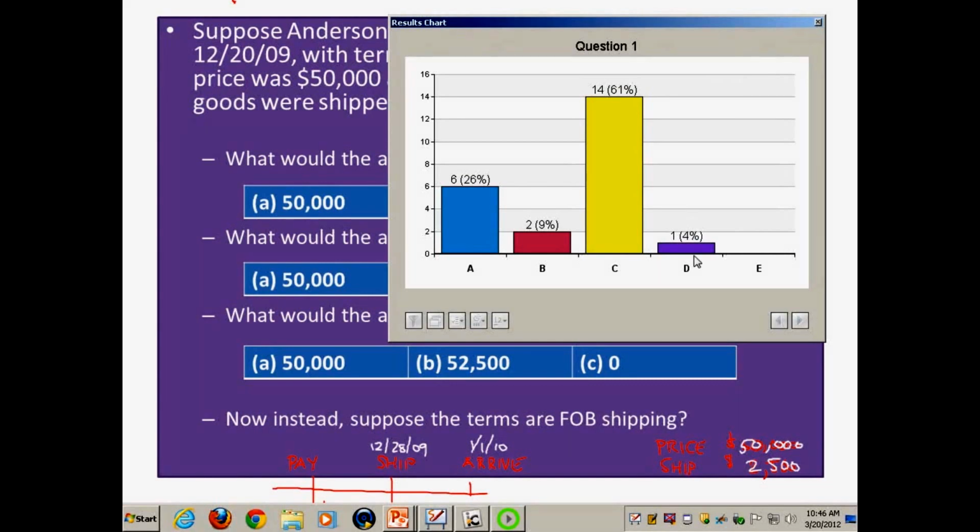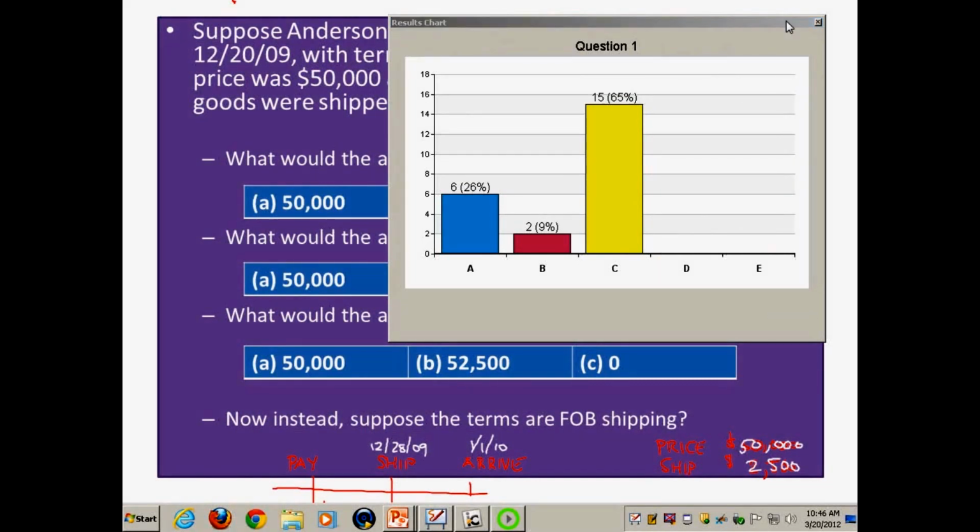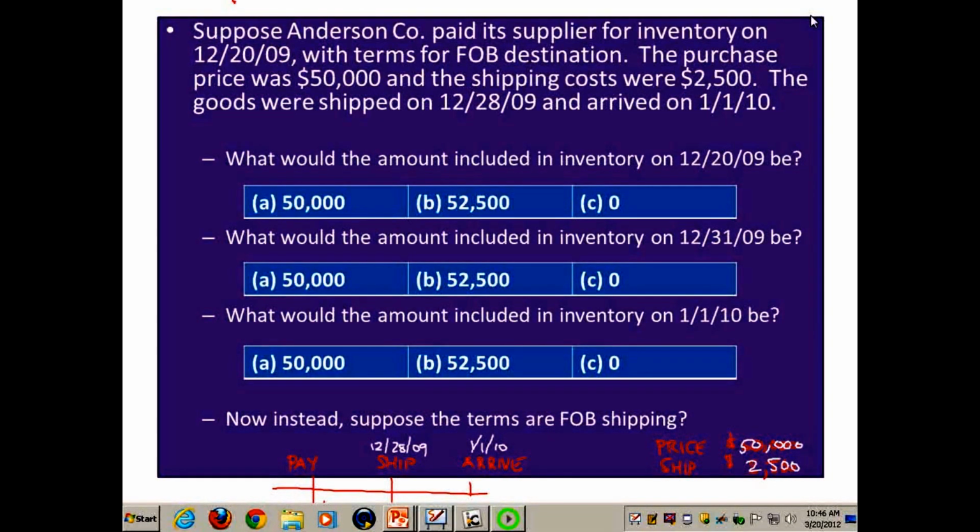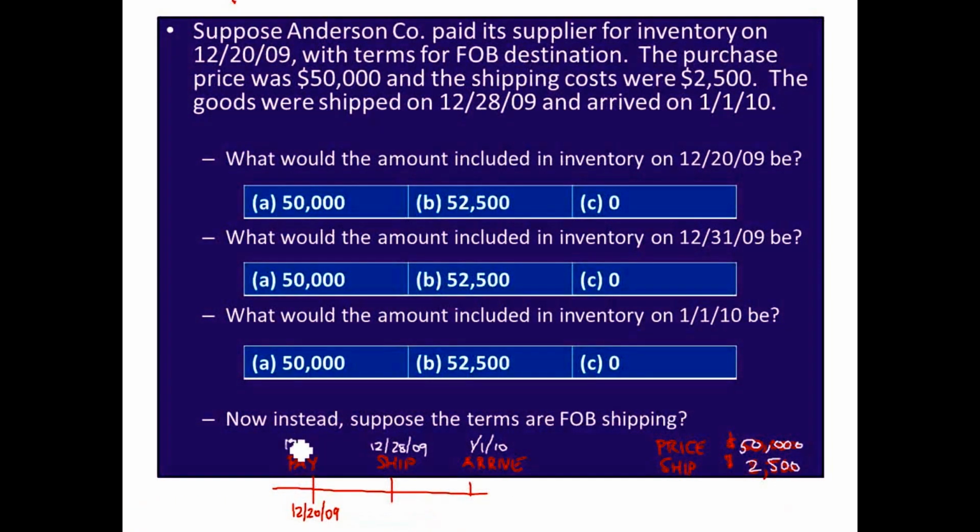Okay, so we're looking at what do they do on 12/20/09. So what does Anderson have on 12/20/09? Now it paid though, so its cash went down.